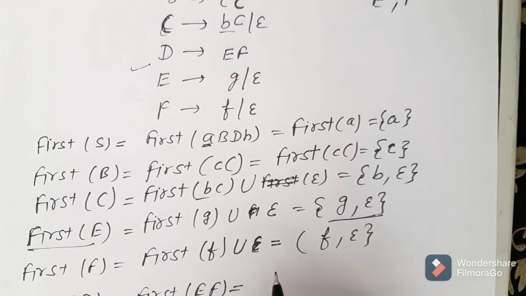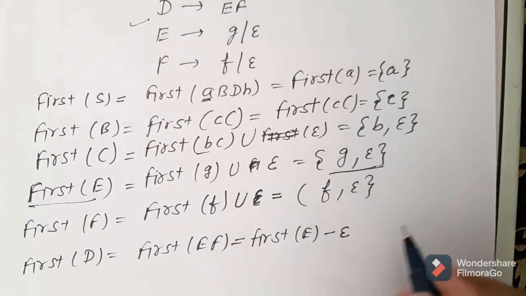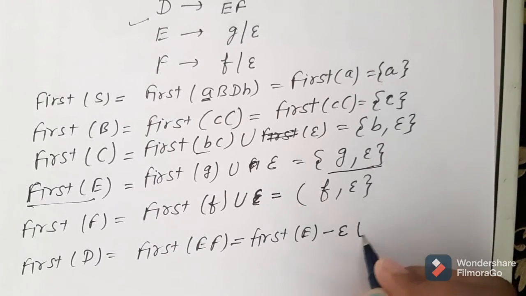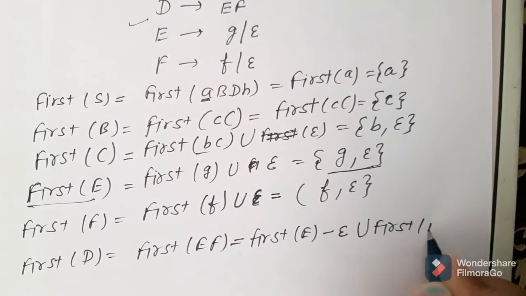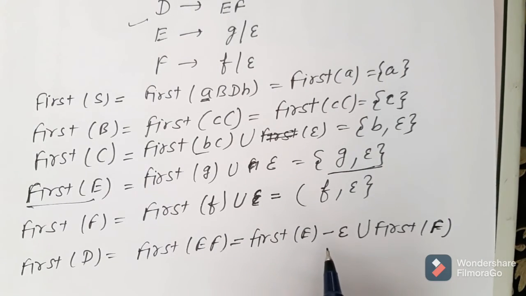So if epsilon comes, I will apply rule 3. According to rule 3, first of E minus epsilon, because epsilon is coming, so I will not take it here, union first of F. According to rule 3, I have to first check if epsilon comes.